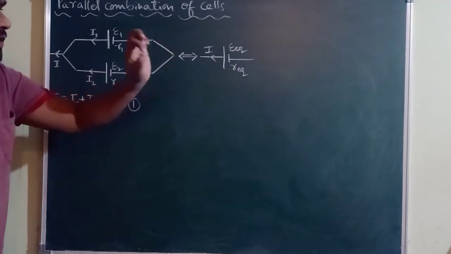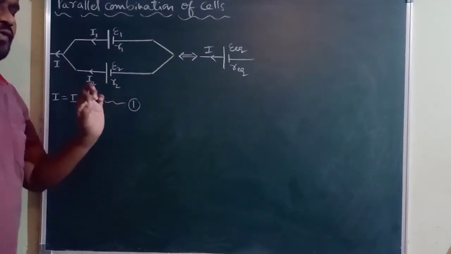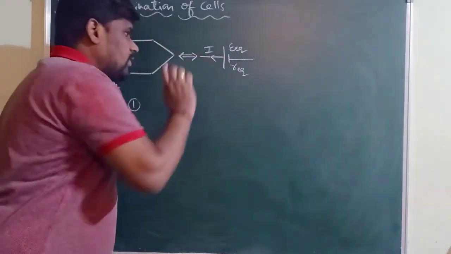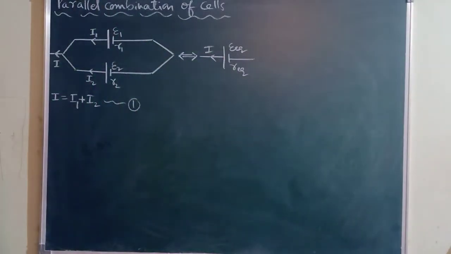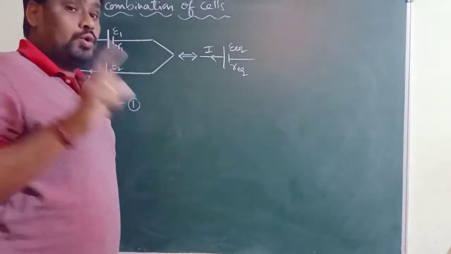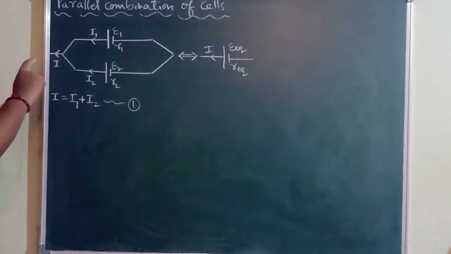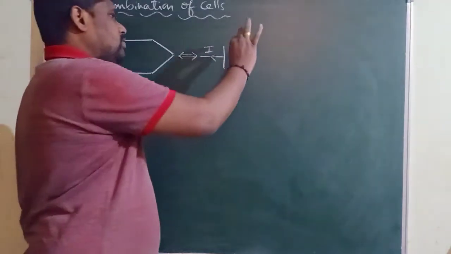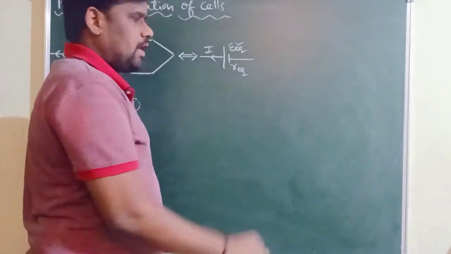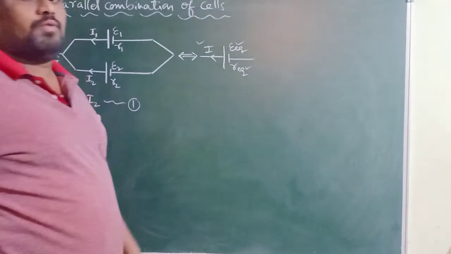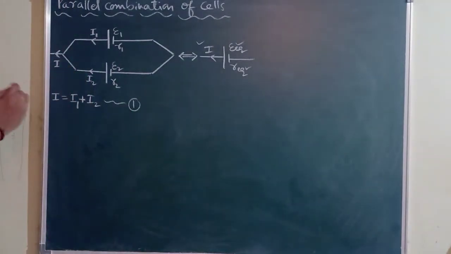E equivalent is the total EMF of the two cells connected in parallel. R equivalent is the total internal resistance. I is the total current drawn from the two cells. Our aim is to determine the E equivalent value and R equivalent value. Therefore, I equals I1 plus I2.